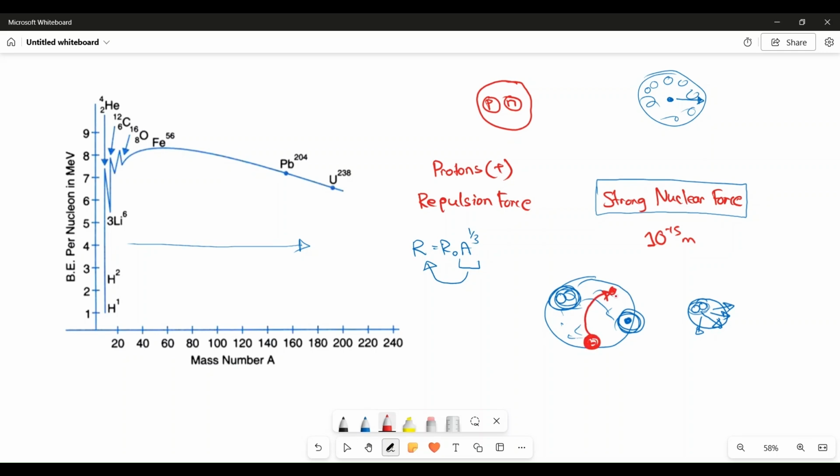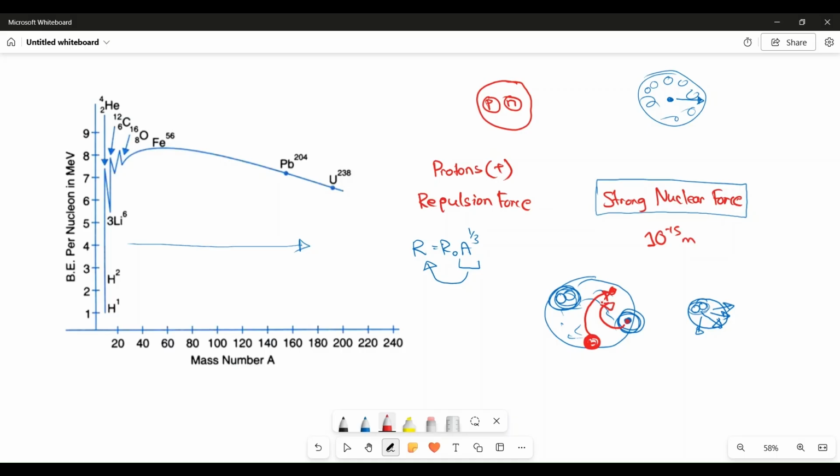They have a much stronger impact, but the strong nuclear force cannot keep up with this force on the further edges from the strong nuclear force source. So this is why the strong nuclear force cannot keep up with the increasing repulsion force, because the nuclear size gets bigger.